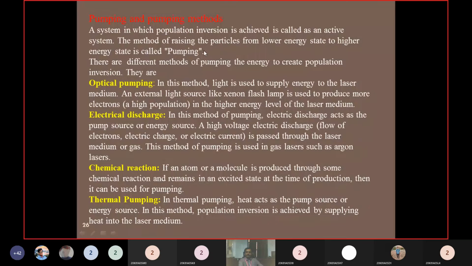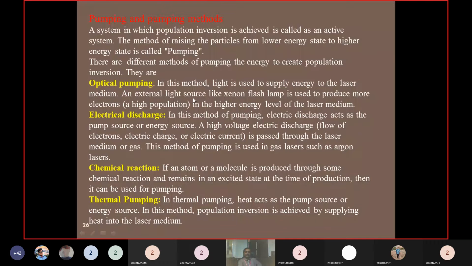The method of raising the particles, which can be electrons or atoms, from a lower energy state to a higher energy state is called pumping. There are different methods of pumping, which supply the energy to create the population inversion: optical pumping, electrical discharge, chemical reaction, thermal pumping.